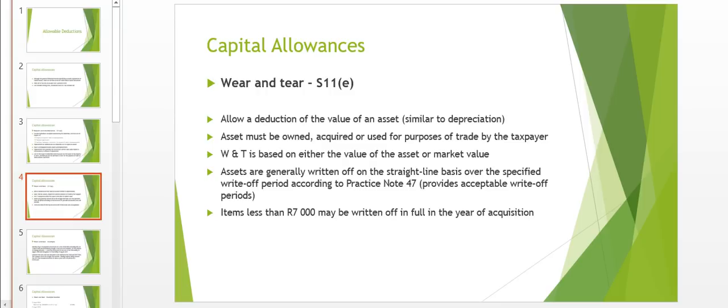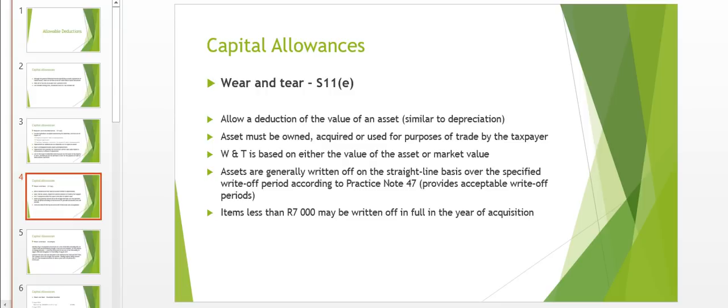So 100,000 divided by 4 years is 25,000 Rand. But then you need to multiply it by 1 out of 12 months, because you only had it for 1 out of 12 months of the current year of assessment. So your wear and tear allowance during the current year of assessment will be 2,083.33 Rand. Importantly, you need to apportion the wear and tear according to the period of the year in which you owned the asset.